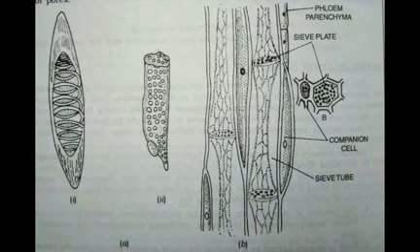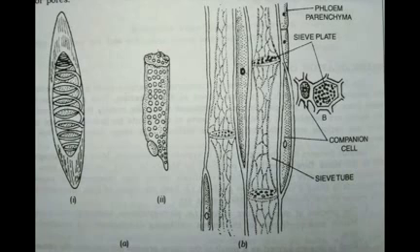I think all of you know what is xylem and phloem. Let me give a brief discussion on the xylem and phloem. Now, xylem consists of tracheids, vessels, xylem fibers and xylem parenchyma.